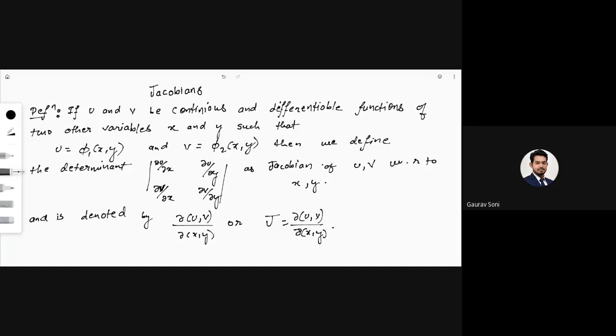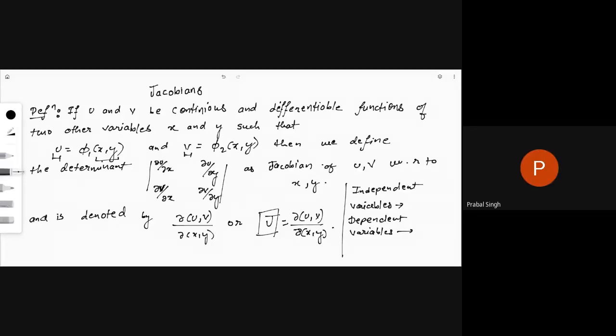So Jacobian is also denoted by J when you have u and v as functions of x and y. So which are the independent variables in this case? Independent variables. And then the other one, dependent variables. So which variables are dependent on some other variable?